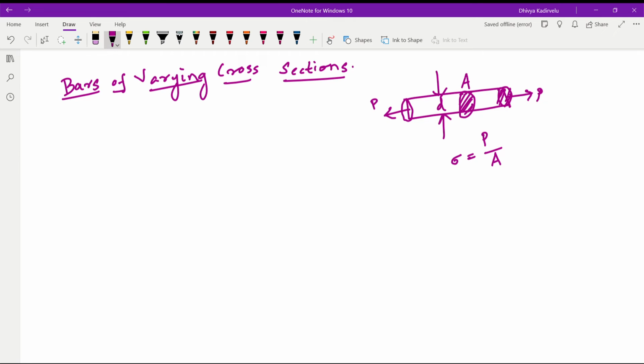So now what if the cross section of the bar is varying from point to point like this, right?